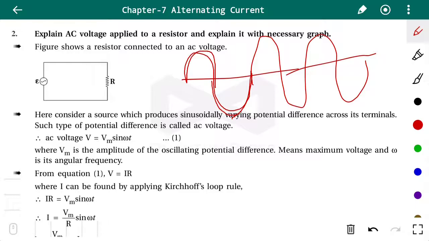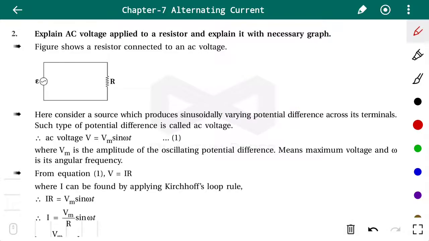So here the AC voltage is V equals Vm sin omega t. Why are we taking the equation as Vm sin omega t? Because we have already studied the position of the oscillator in the chapter Oscillations.